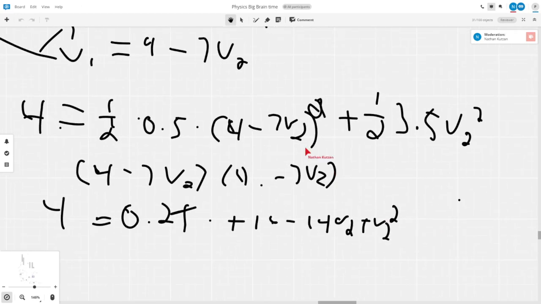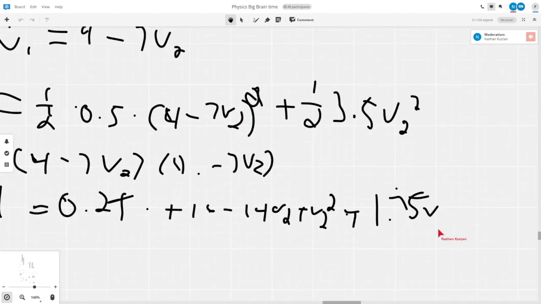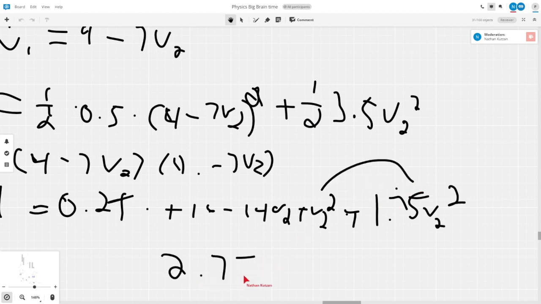And then over here is 1/2 times 3.5, which is 1.75 v2 squared. We can combine these two terms to get 2.75 v2 squared.